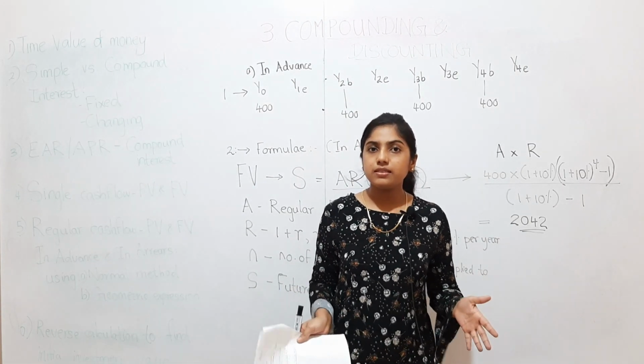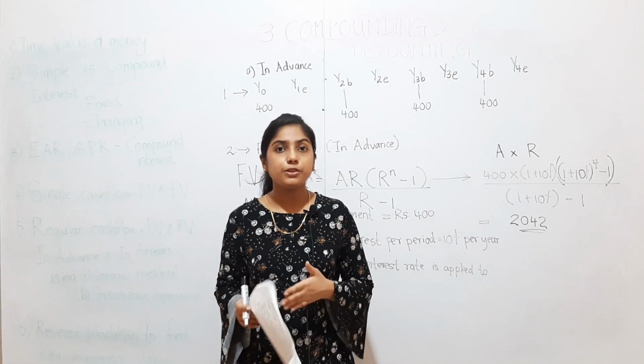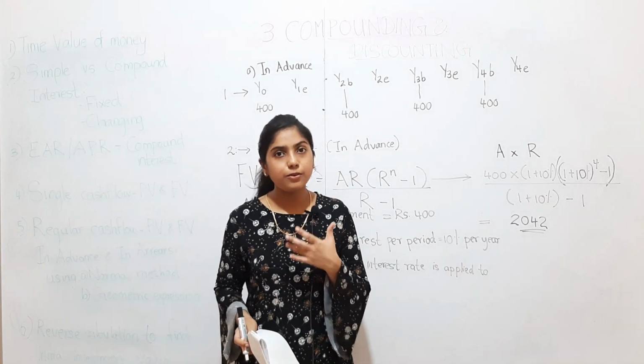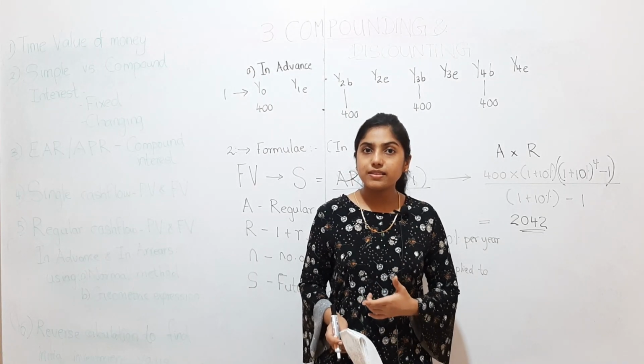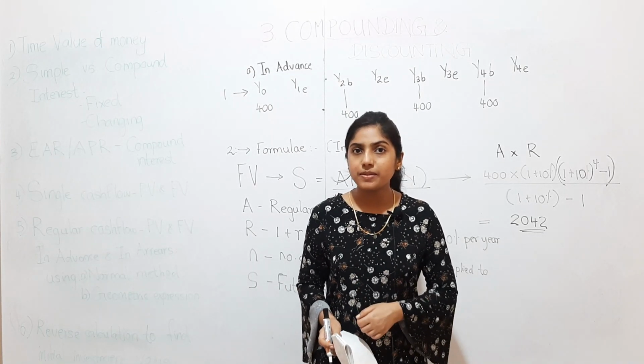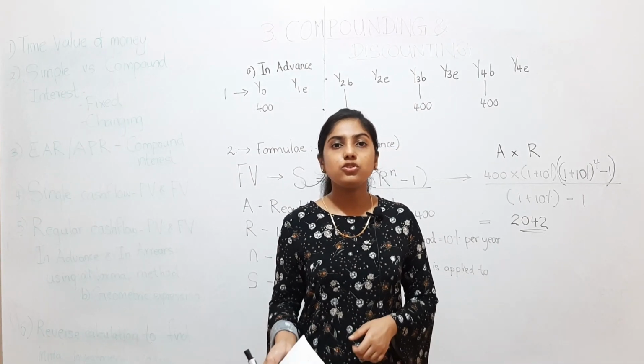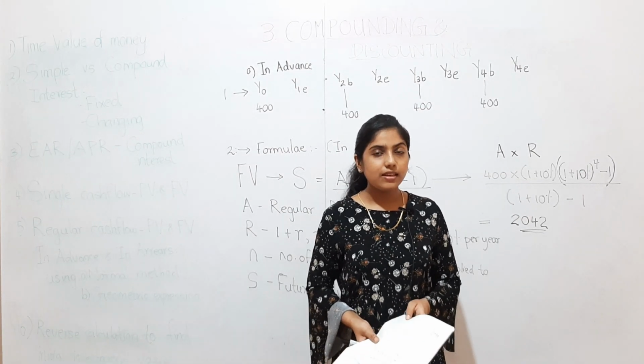So we've learned how to calculate future values if the payments are made in advance under two methods, one being the normal method and the other being the geometric expression method.